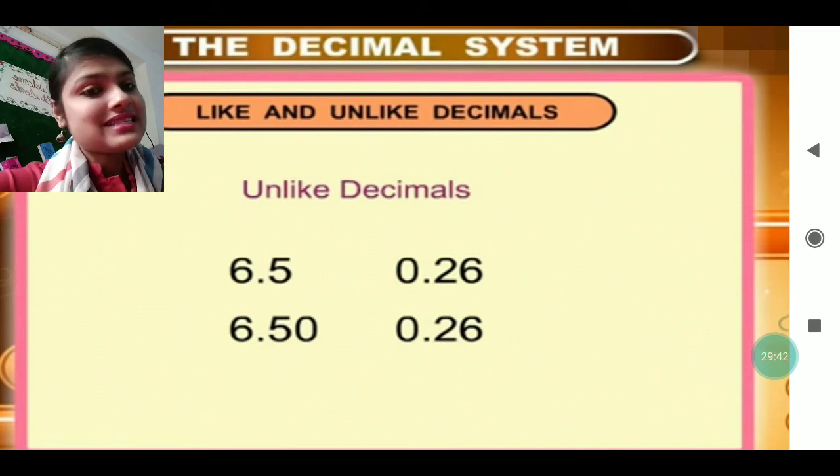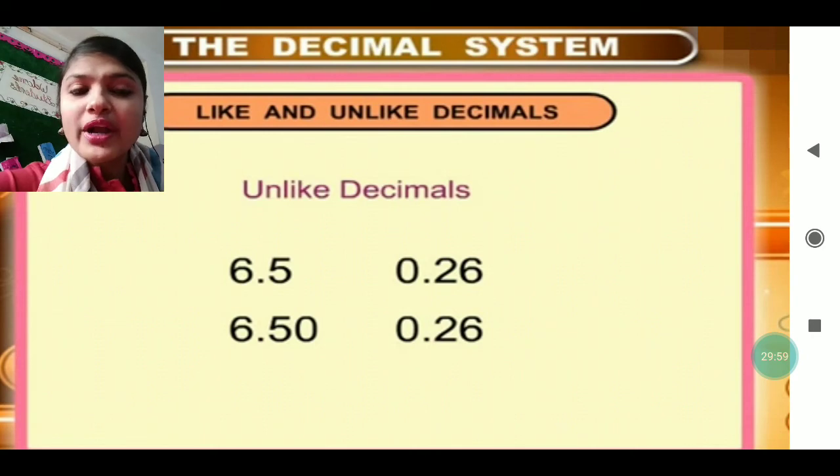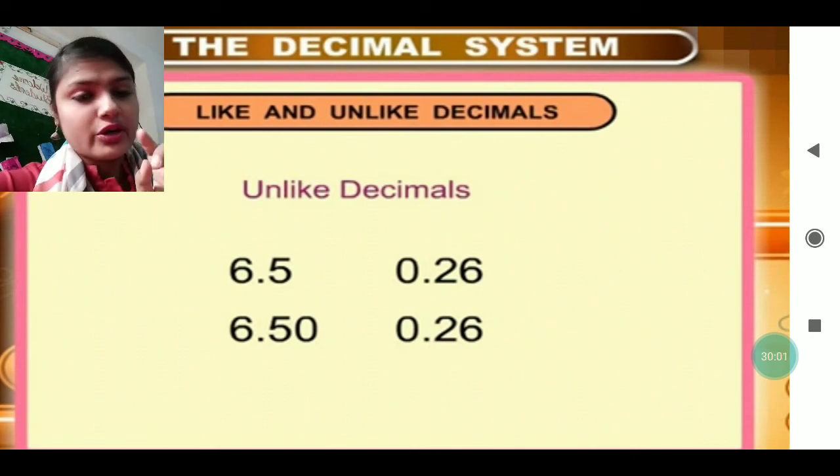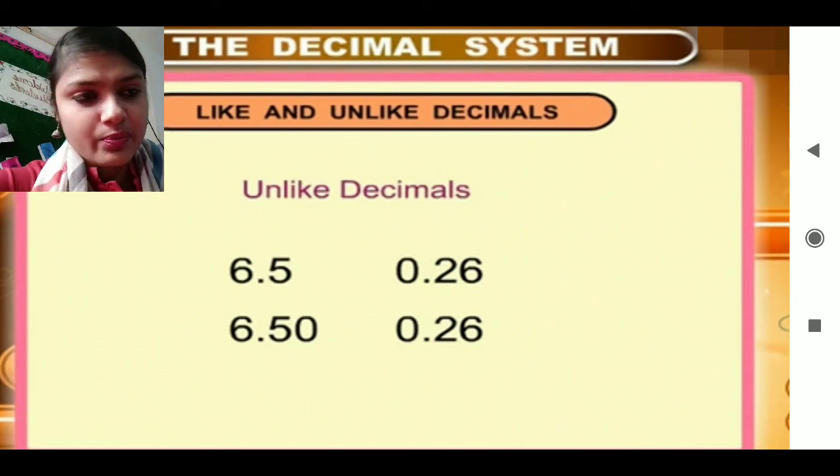We just put a 0 after the 5 at the decimal place, then both decimal places become equal, with two digits. One is 6.50, having two digits, 50. Another is 0.26, also a two-digit number, 2 and 6 after the decimal.